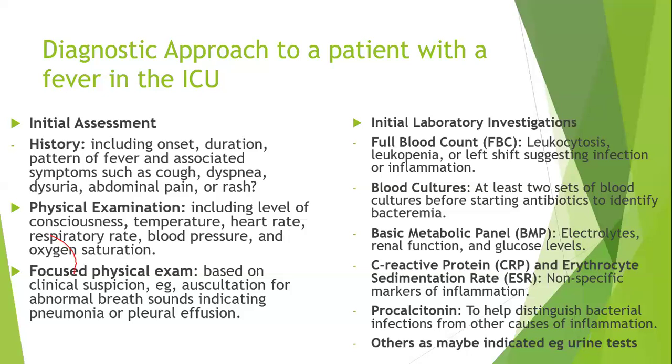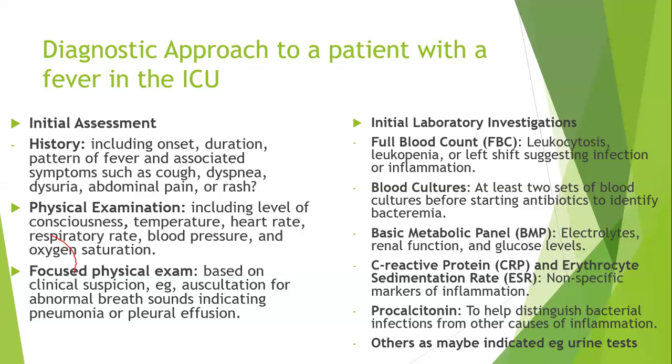You want to look at the heart rate and all that. Do a focused physical exam based on your suspicion. You want to listen to the chest for abnormal breath sounds. You want to do lung sonar to look out for evidence of pneumonia, pleural effusion. You do all this before you order investigations and your full blood count.